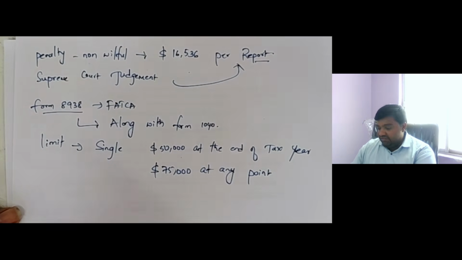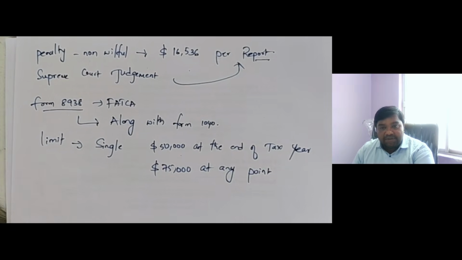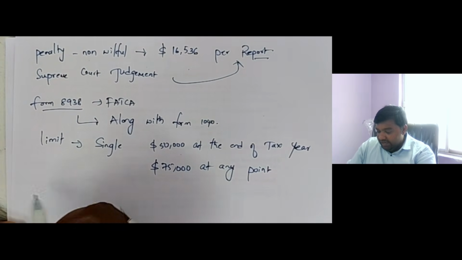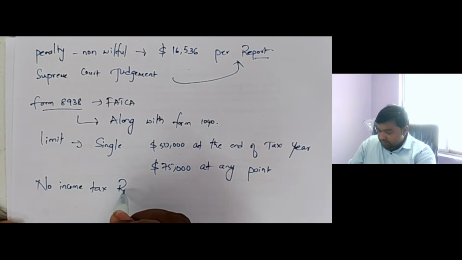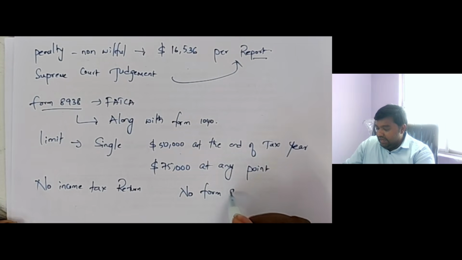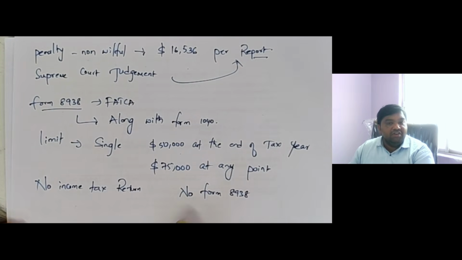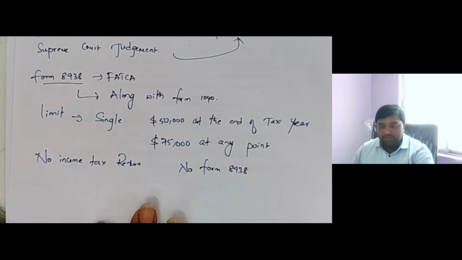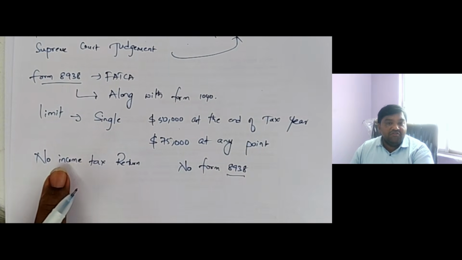Whether I have to file form 8938? That is the question. If you are not filing your income tax return, there is no need to file form 8938, because this is an attachment to your form 1040.